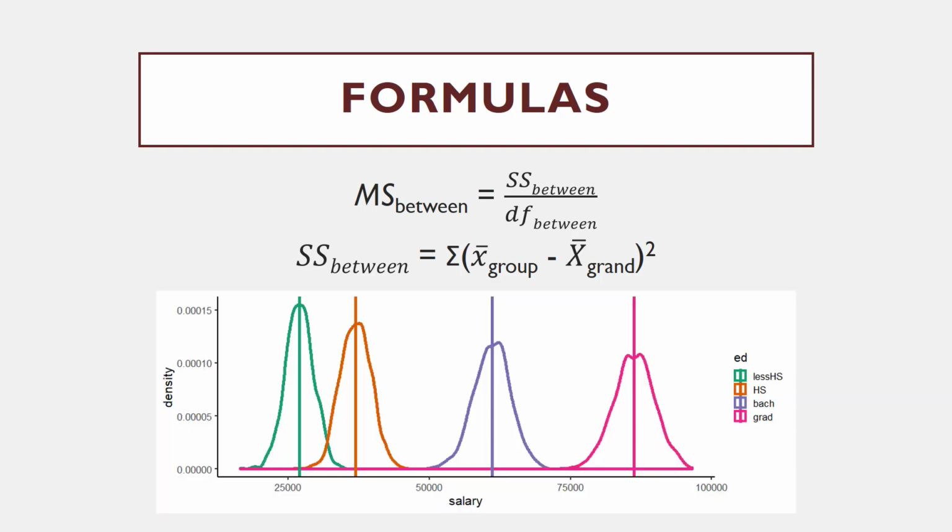And then what we're going to do is see how far the group mean for each person is from the grand mean. And we're going to have to do this for each person. So just like before, whenever we would do squared deviations and we had to do it for each individual, we still have to do it, but we're using that group mean instead of the individual score for the sum of squares between. And then we divide that by degrees of freedom between, which would be k minus 1.